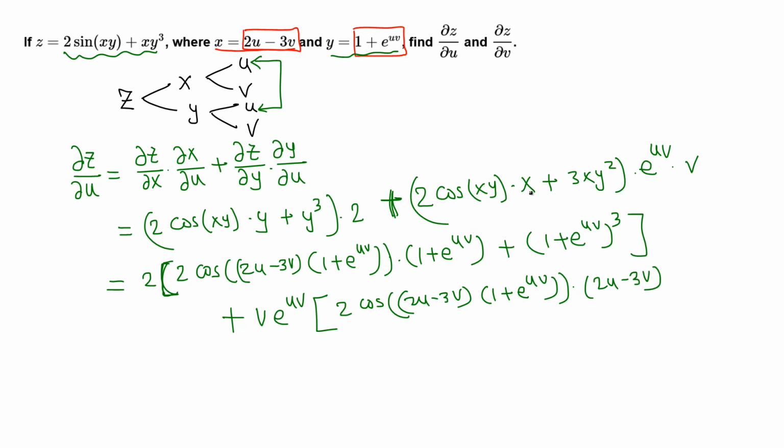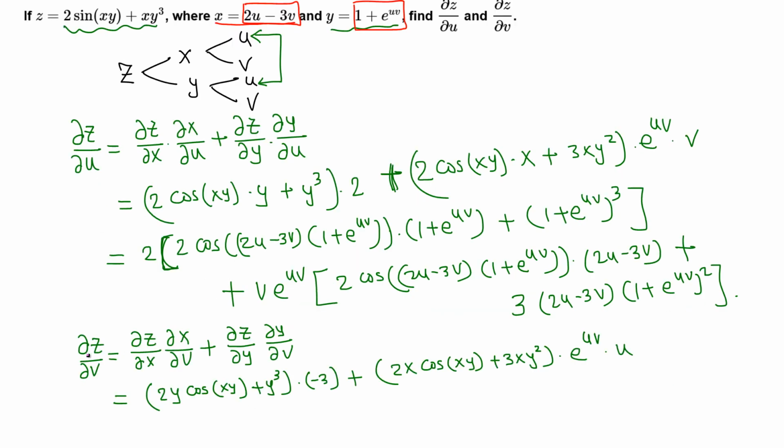Okay, so we are here, plus 3, x is 2u minus 3v times y squared. Y squared means 1 plus e raised to uv quantity squared, and this is final for this part. Okay, do not try to simplify.